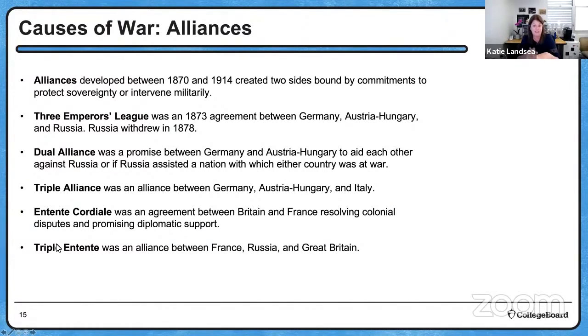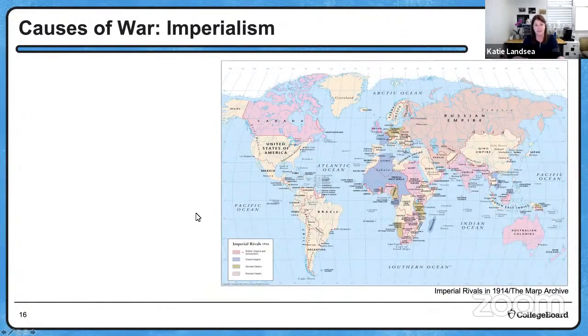We have the Triple Entente, an alliance between France, Russia, and Great Britain. And then Russia is going to support Serbia if attacked by Austria-Hungary. So all of these entangled friendships are going to be important as we move towards war, and it's going to drag in all of these other countries.